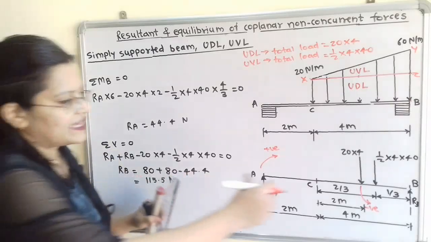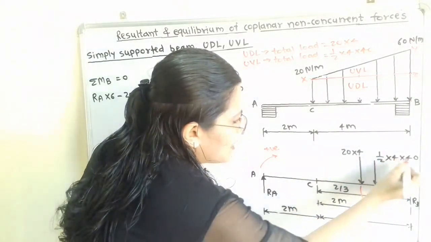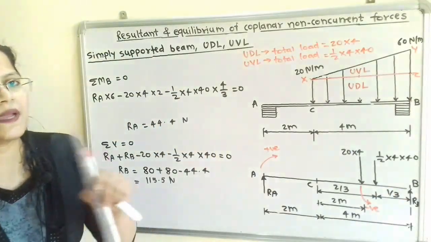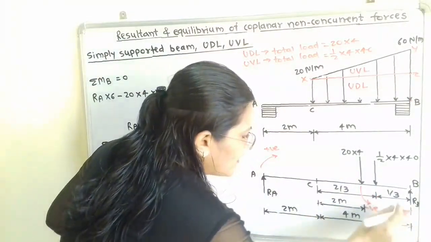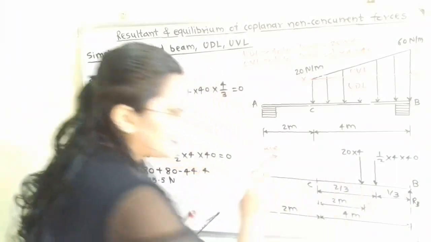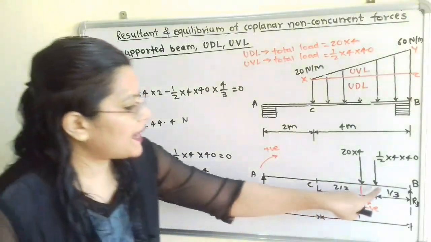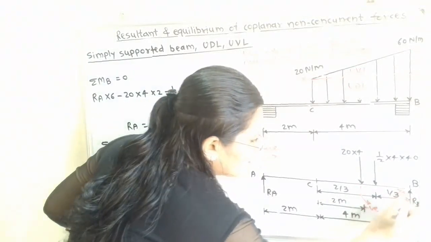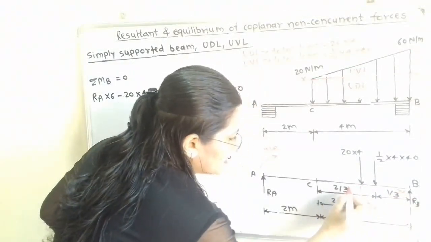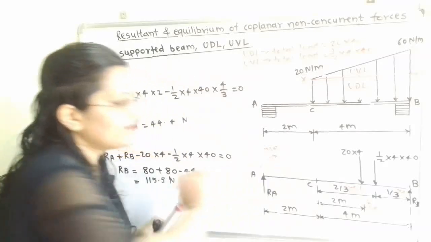Now we will move to the next: half multiplied by 4 into 40 multiplied by the perpendicular distance. This total length is divided into two parts, 1 by 3 and 2 by 3. So this length is equal to 1 by 3 multiplied by 4, and the remaining length is 2 by 3 multiplied by 4.